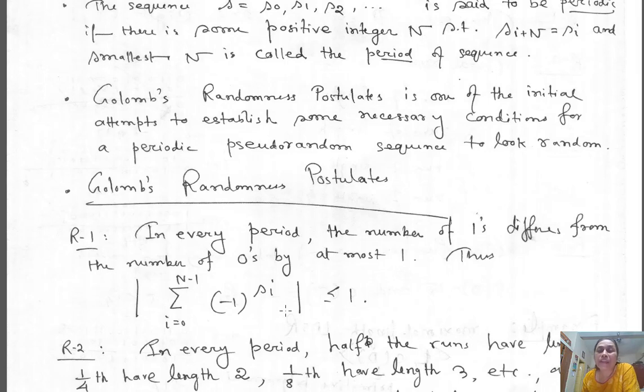All the 0 positions are added and all the 1 positions are added, and it gives you the difference. So it essentially counts the difference between the number of zeros and the number of ones. This condition says that the number of zeros and the number of ones must be almost the same. It holds for every period. Within a period, the number of ones and the number of zeros must be almost the same.